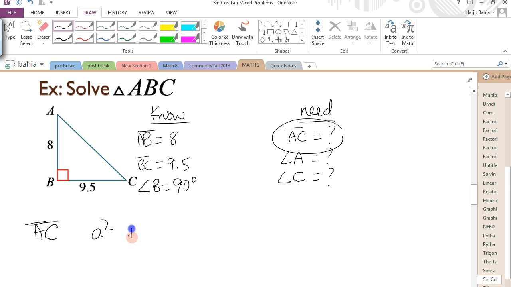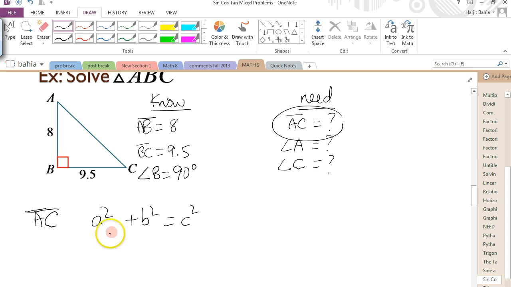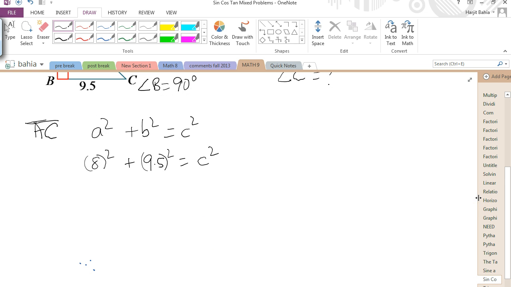A squared plus B squared equals C squared. The A side, it doesn't really matter. Let's call it 8 squared plus 9.5 squared. And we don't know this side, which is the C side. It's the hypotenuse side, so let's call it C squared.